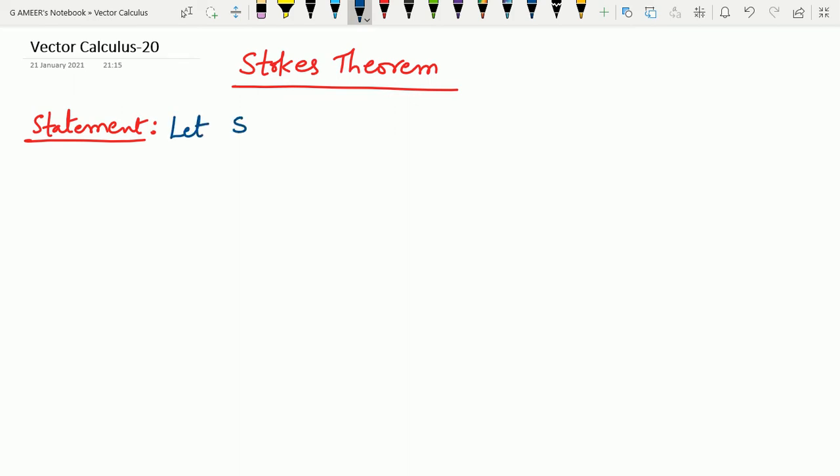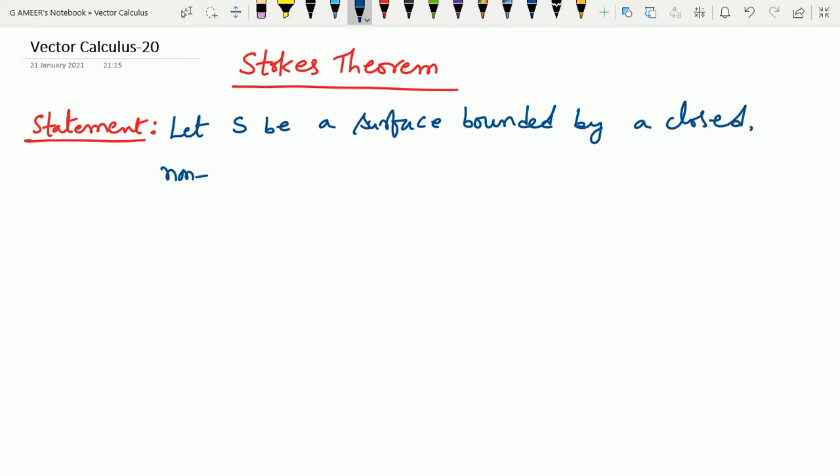Let S be a surface bounded by a closed non-intersecting curve.